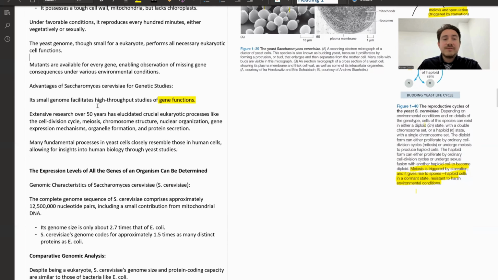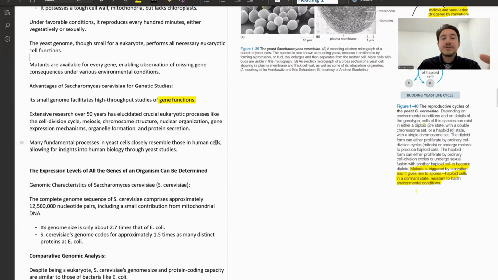So, advantages of Saccharomyces cerevisiae for genetic studies. Its small genome does facilitate high throughput studies of gene functions. Extensive research has been done over 50 years, elucidating crucial eukaryotic processes like the cell division cycle, meiosis, chromosome structure, nuclear organization, gene expression mechanisms, organelle formation, and protein secretion.